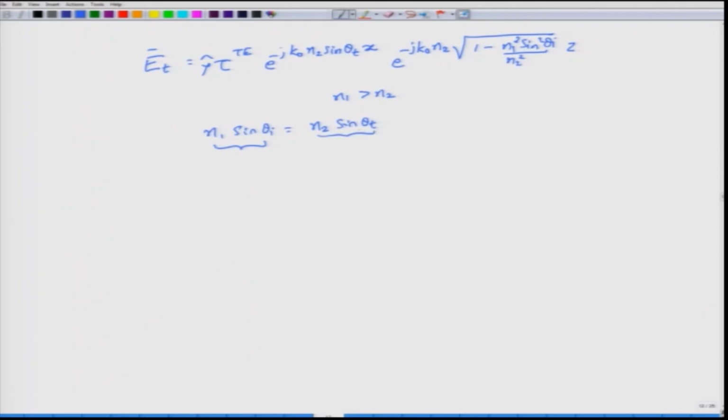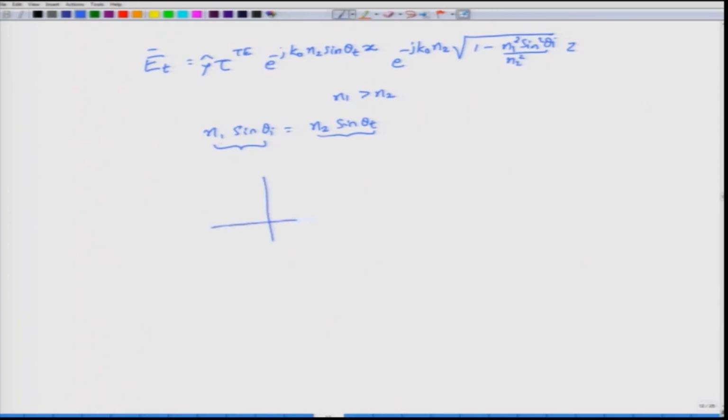Why would that happen? Because n_2 is smaller and the maximum value of sin theta_t could be equal to 1, and therefore, the maximum value that the right hand side can take in this expression will be equal to n_2. Whereas, on the left hand side the maximum value that it can take is n_1, but you may not even need to go all the way up to theta equal to 90 degrees to reach the maximum.